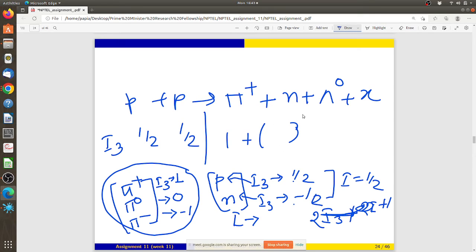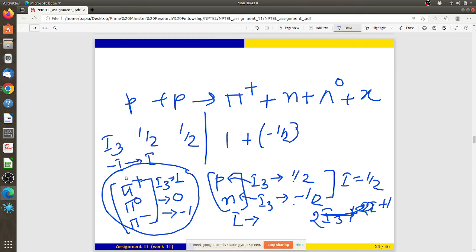So just the same like that. Here for pi plus I3 is plus 1, for pi 0 I3 is 0, and for pi minus I3 is minus 1, because I3 runs from minus I to plus I.